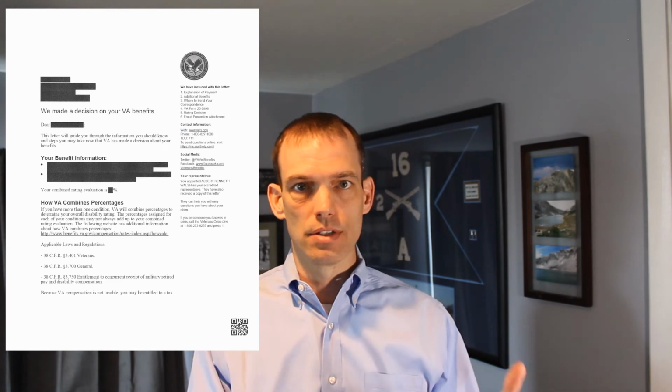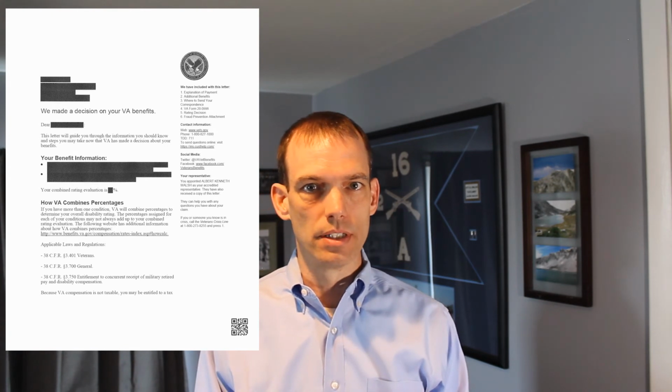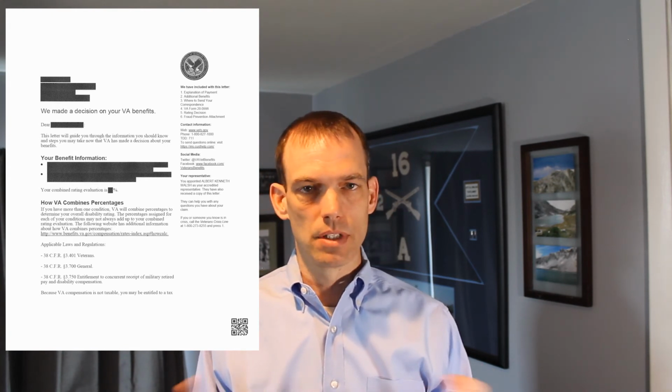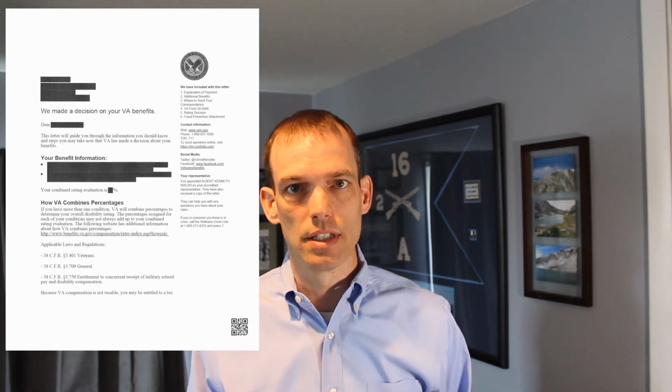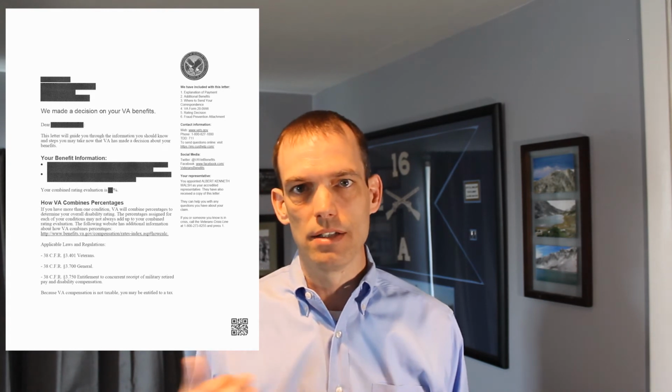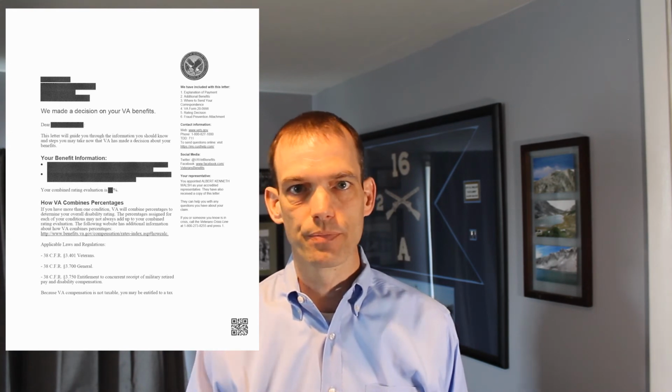Let's talk about the notice letter first. Now, the notice letter looks much more like an actual letter. There's some addresses in the top left-hand side, and the thing you want to look for to make sure you're on the right document is that very prominently, sometimes in bold, sometimes in a larger case, but always near the front or near the top of that letter, there's a phrase that says something like, "We've made a decision regarding your VA benefits," or "We've made a decision on your claim for benefits," or something like that.